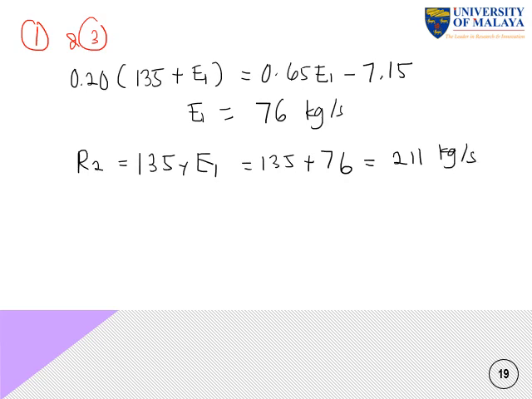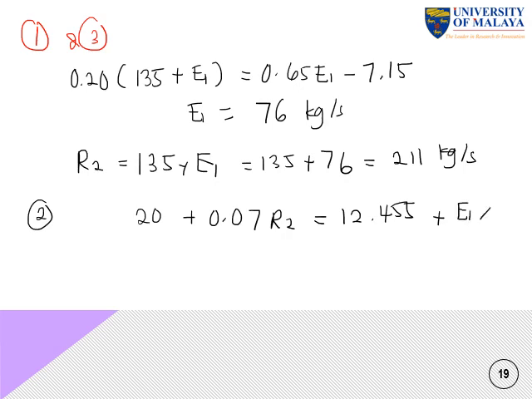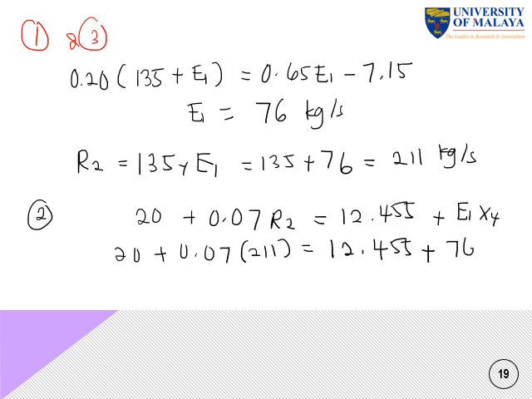Then from that I can use equation 2 to get x4. So from equation 2 it's 20 plus 0.07 R2 equals to 12.455 plus E1 x4. So replace with the known values, 211 equals to 12.455 plus 76 x4.